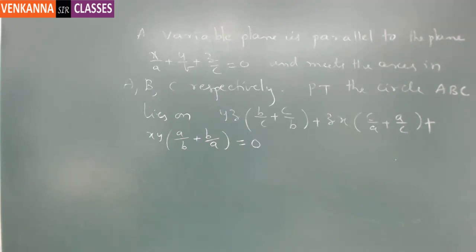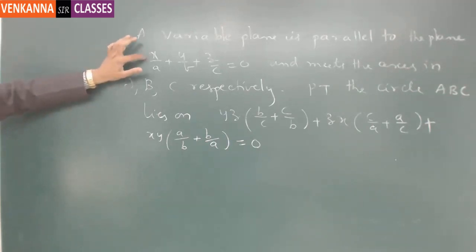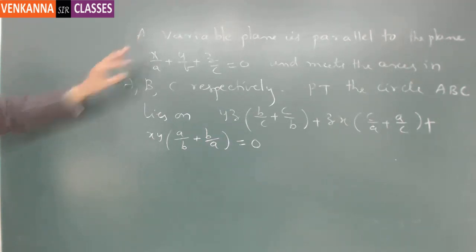Okay. So since the plane is parallel to this one, whenever you consider parallel planes, the x, y, z coefficients are the same and they only differ in the constant. Agreed? You consider parallel lines as well as parallel planes. Both will have the same coefficients, only the constants will vary.